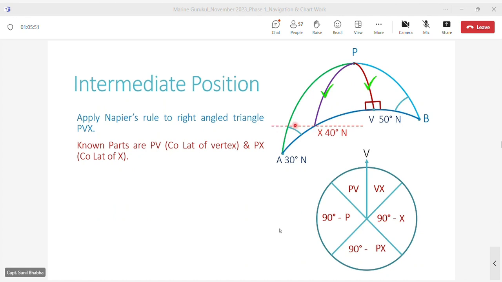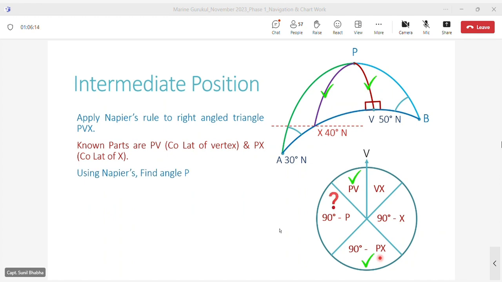Since we know the latitude of position X, this parallel of latitude is given to us as 40° north. We know the side Papa X-ray. So these two parts are known. Let's identify these two parts in the cartwheel also. Papa Victor part and 90 minus PX part are known to us.